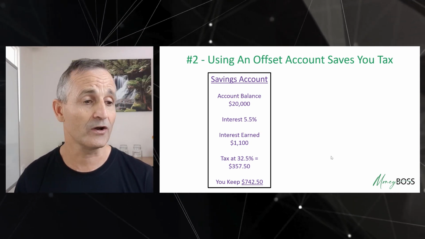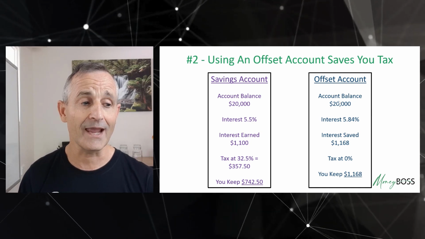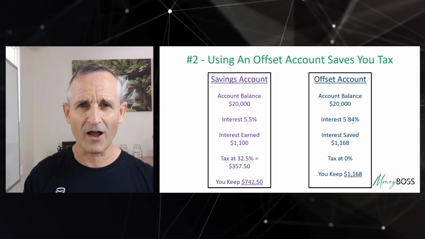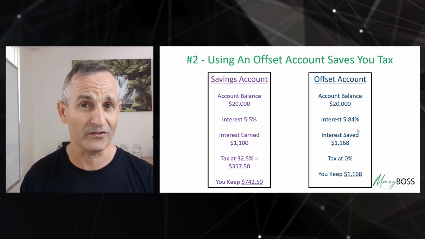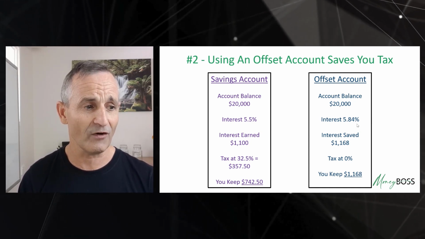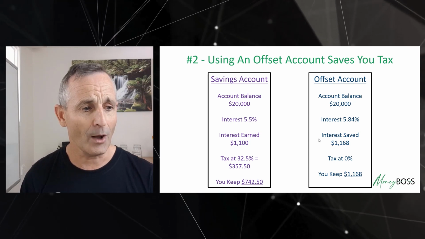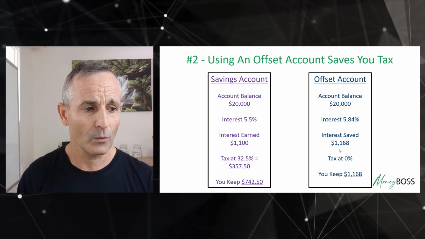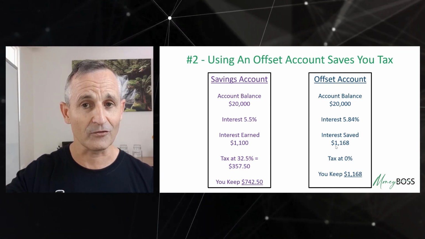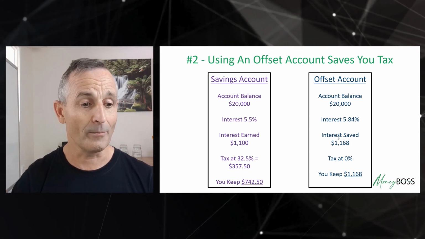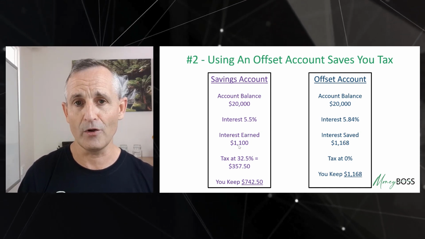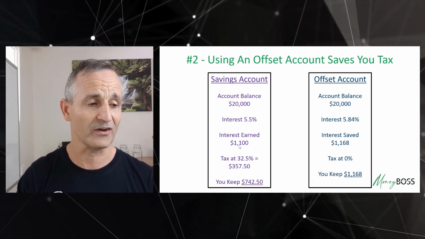However, if we look at an offset account, the same $20,000, the interest I would save would be about 5.84%. So I've chosen the lowest mortgage rate here, 5.84%. So the interest saved would be $1,168, which I'm hoping you can see, and this is what I said in benefit number one, is that I'm saving more here than I could earn in interest on a high interest account.